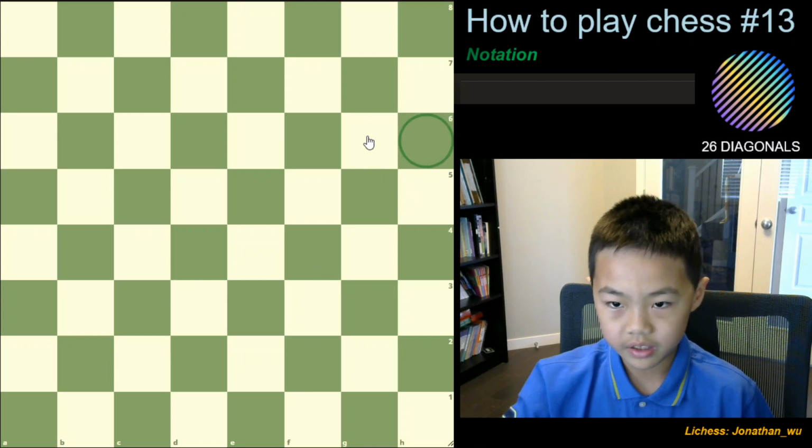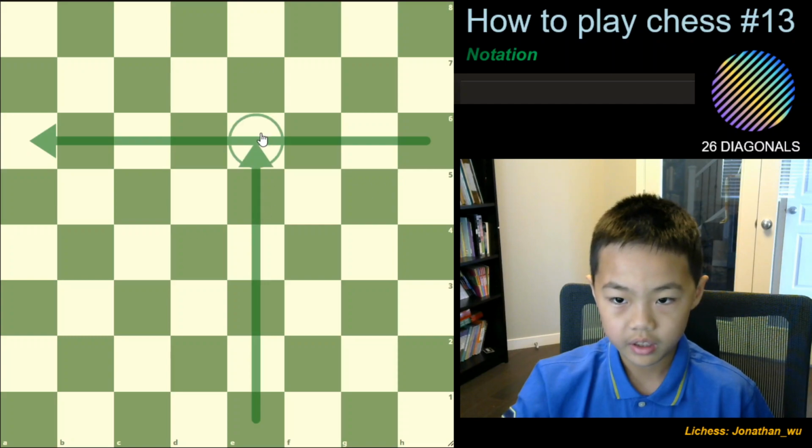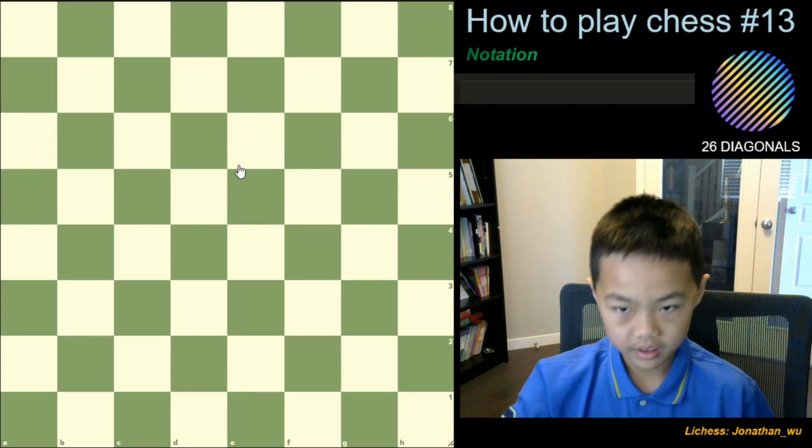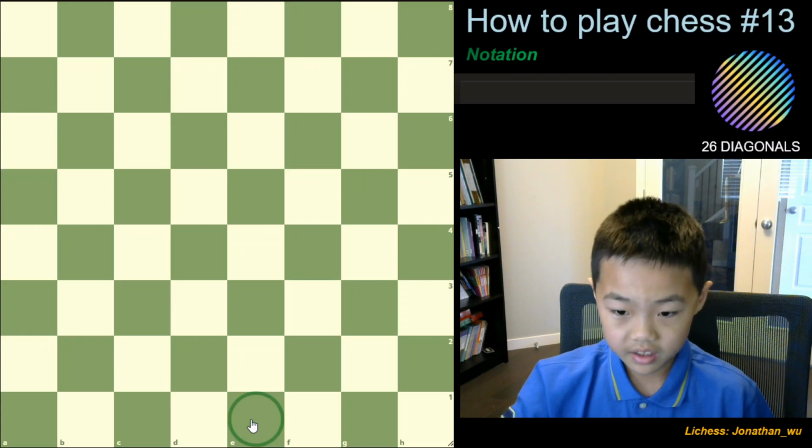You look at the 6th rank, and then you find E and where it is. You end up with this square, and that is E6 because this is the 6th rank, and this is the E file, as I already said.